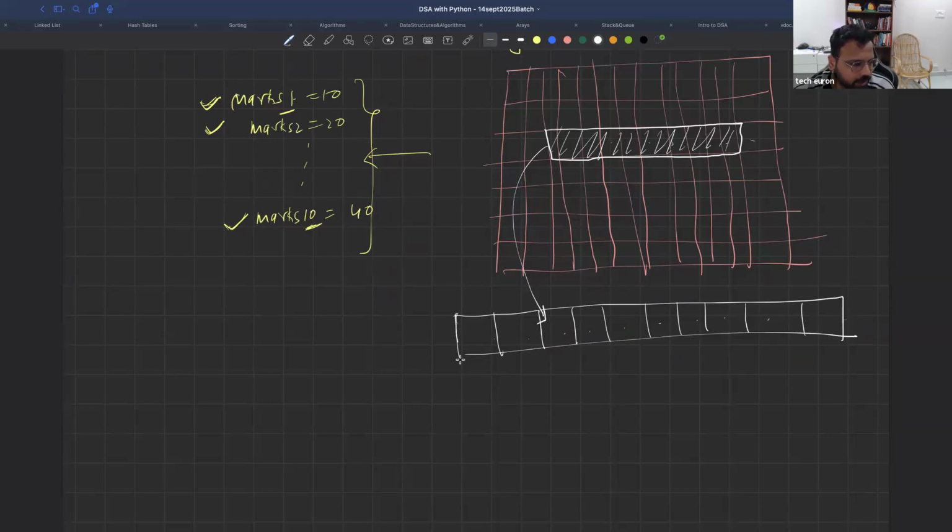So this is a contiguous block of memory that I have taken. Or I gave you the example of people going to watch a movie. There are 10 people who want to sit together, so they have to look for a consecutive block in the theater, and they will reserve that consecutive block so that all of them can sit there.